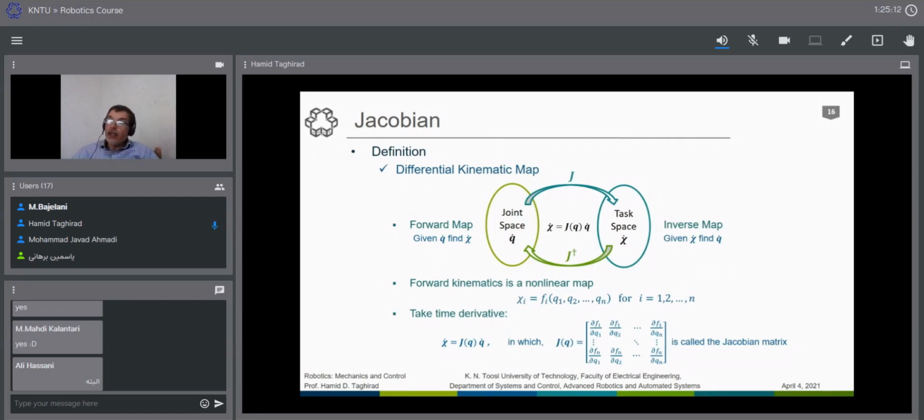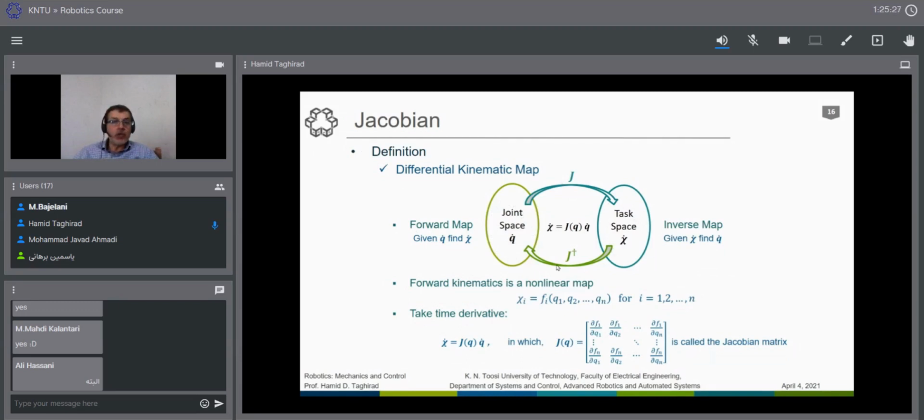Now, if we look at the Jacobian definition, as we had before, we have a forward kinematics and inverse kinematics in terms of joint space and task space.